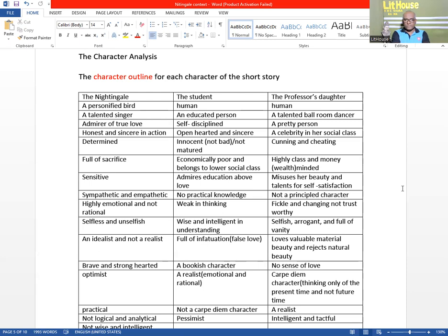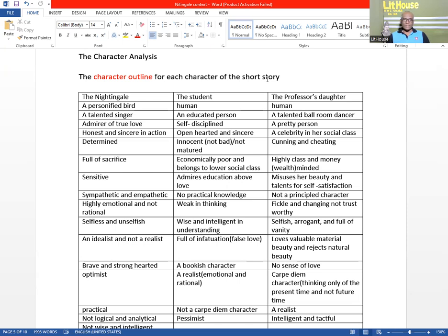She lives in the oak tree of the student's garden, and this oak tree highly admires her singing. Full stop.